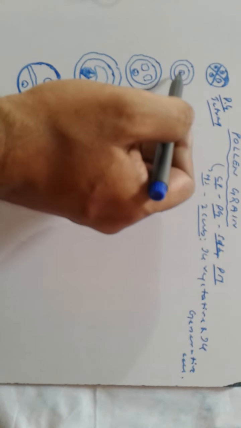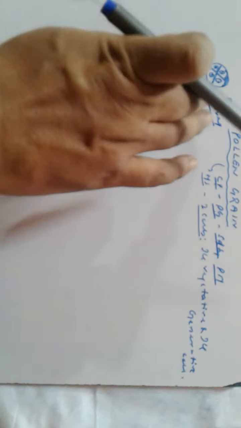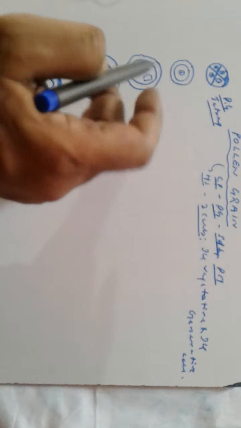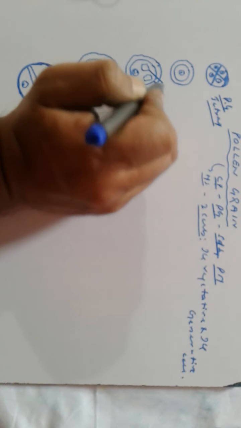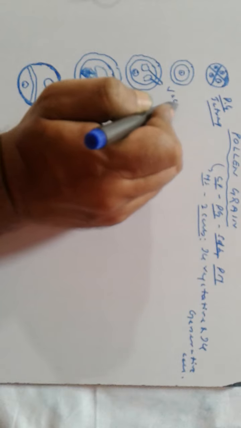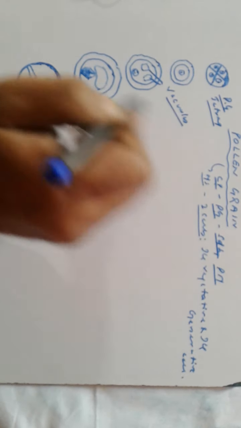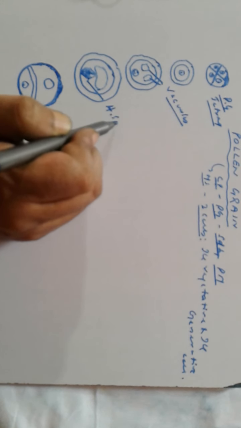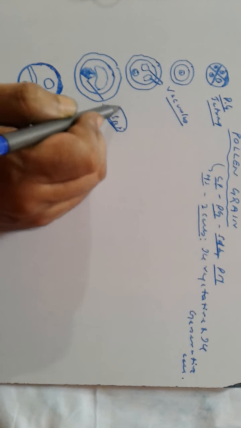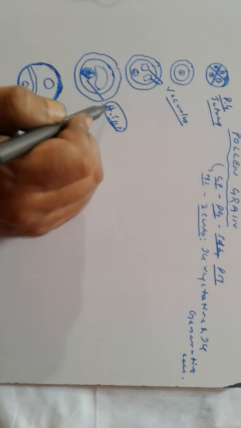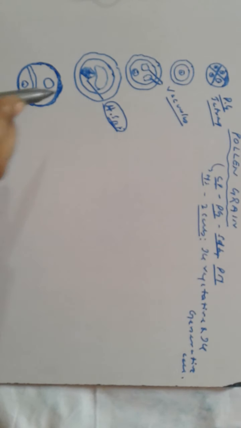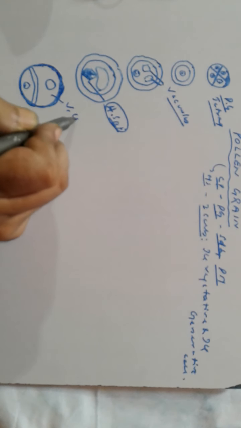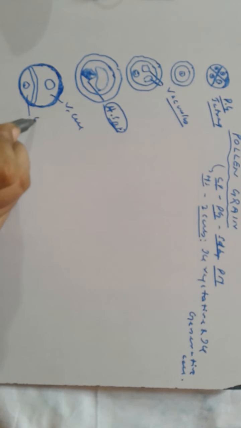So here, this is the nucleus, and this is the stage of a pollen grain tetrad. Two vacuoles develop, then asymmetrical spindle fibers come into existence, and now we find two cells here. This is the vegetative cell and this is the generative cell.